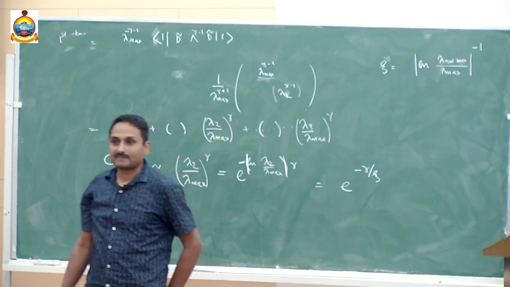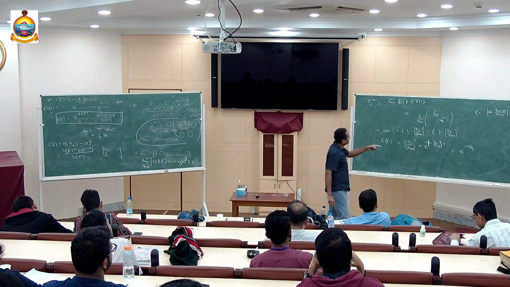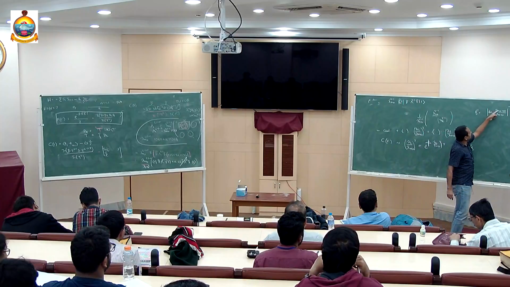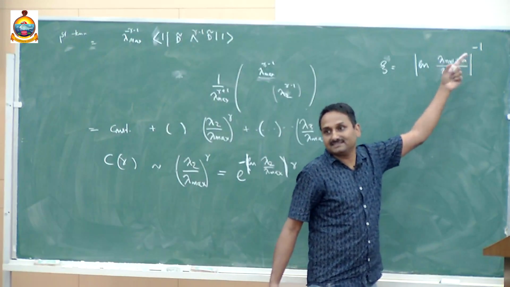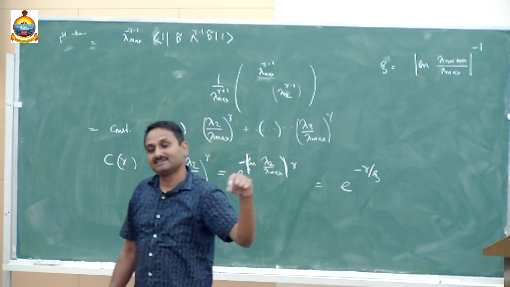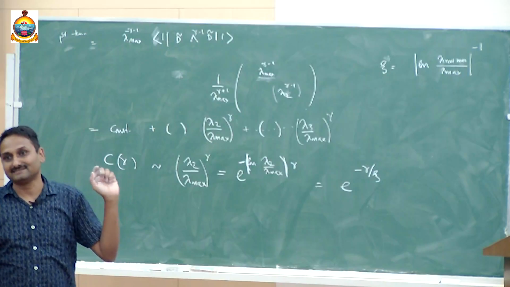Now, as I said earlier, whenever eigenvalue crossing happens, when does a crossing happen? When the second largest meets the largest. So when lambda 2 approaches lambda max for some reason, then this is just infinity. So at the critical point, the correlation length goes to infinity. That's the general result.